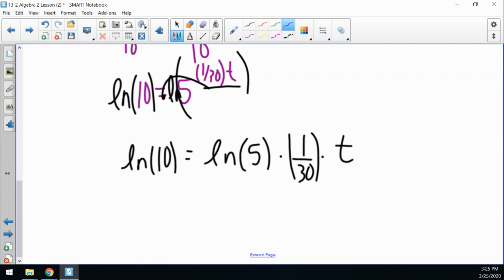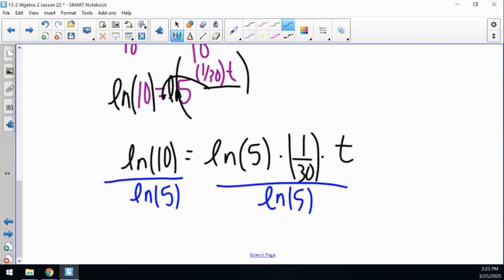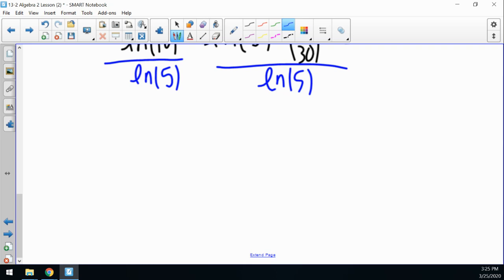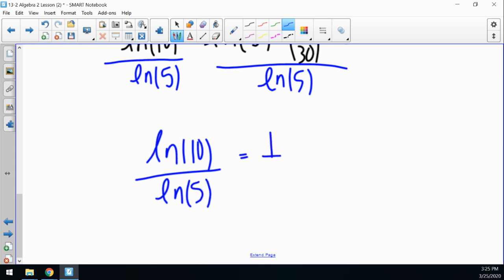So we can divide both sides by the natural log of 5, and I end up getting ln of 10 over ln of 5 is equal to 1/30 times t.